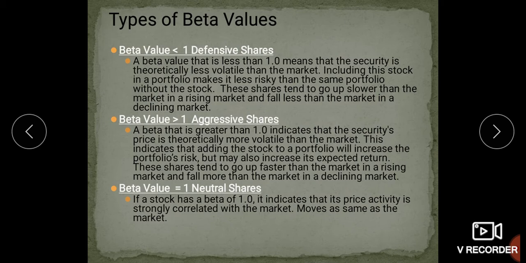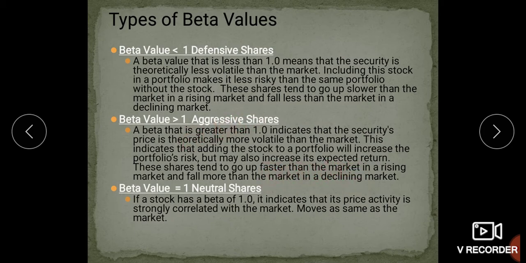And in the case of return, if it is a rising market, then definitely we will get more return also, because this particular share's price will go up faster than the market. So more risk we are accepting and more return we will get. But in defensive shares we are accepting less risk, so we will get less return. So that's why these are defensive shares when beta value is less than 1, and here we are accepting more risk in a declining market, so we will get higher return in the rising market.